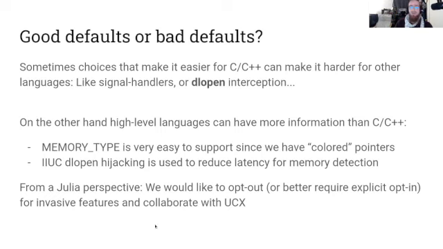Generally speaking, I would love to be able to require explicit opt-in instead of opt-out for those invasive features, and collaborate with the UCX core developers to make the interfaces richer, so that we can provide the information instead of having a system library that we load and that replaces a different part of the system.